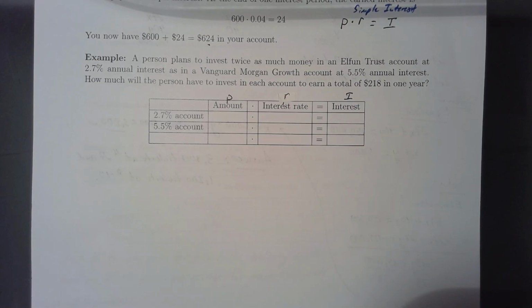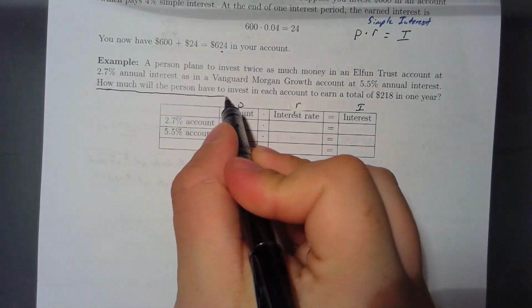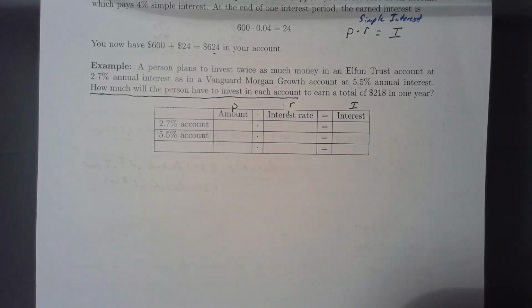All right, what's the first thing we do? Identify the unknown value. It's right here. How much will the person have to invest in each account? That's the unknown.